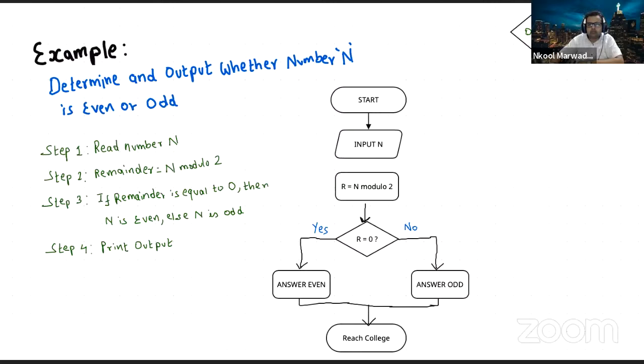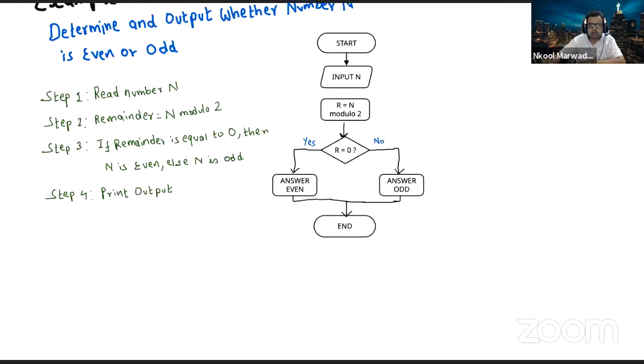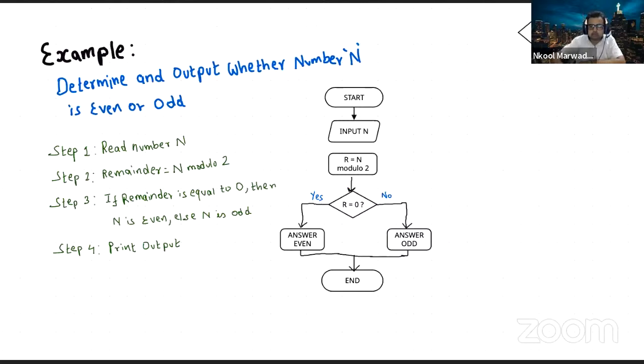And before terminating, I have to print the output. So let us do that. I know that for input output, I have to use the rhombus.